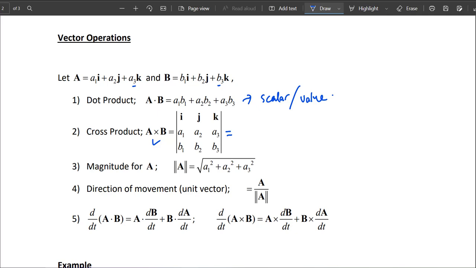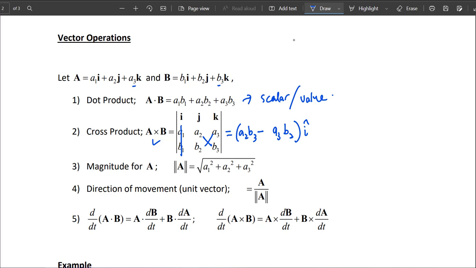For the i component, we close the i column first. The remaining is A2 times B3 minus A3 times B2. So this is for the i component.